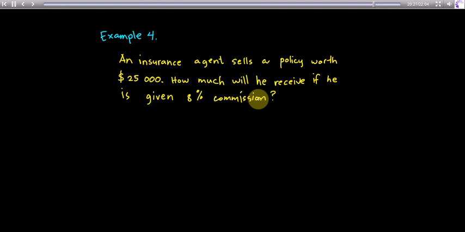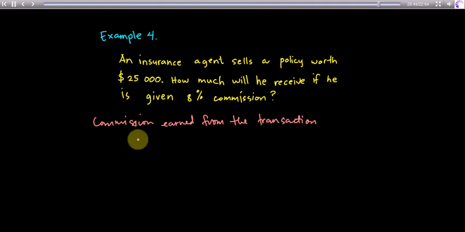We have the commission earned from the transaction, so we compute 8% times the 25,000 worth of policy sold.